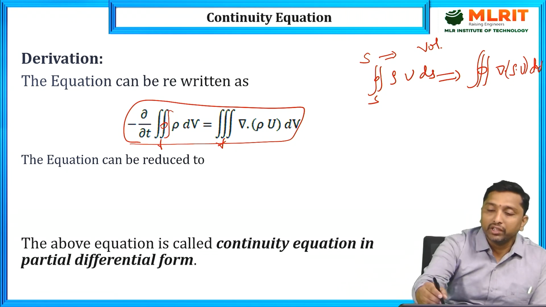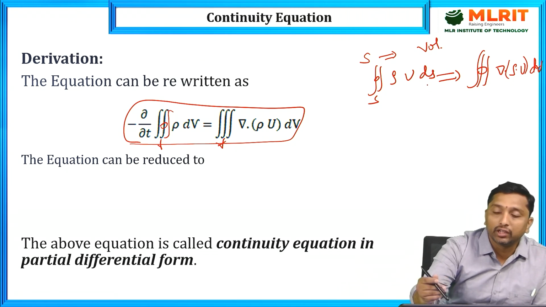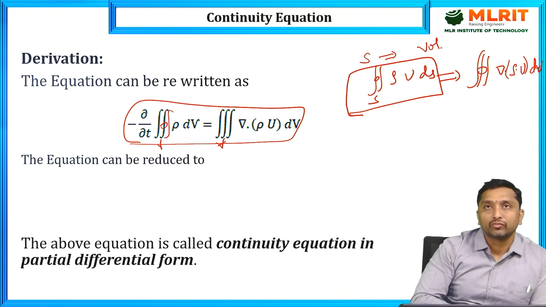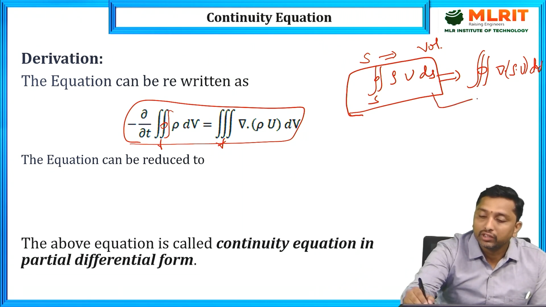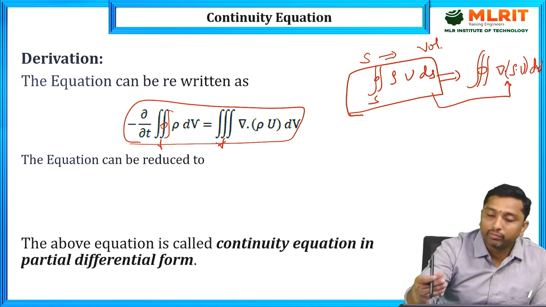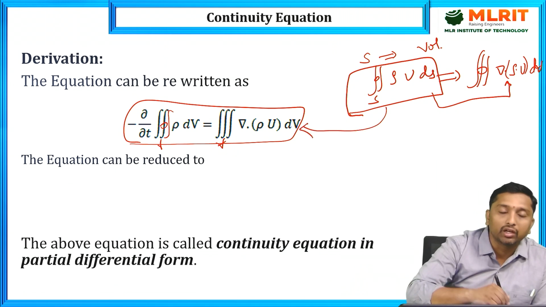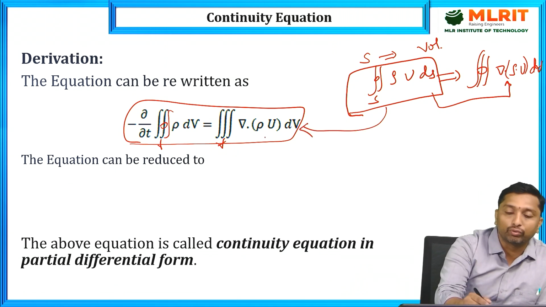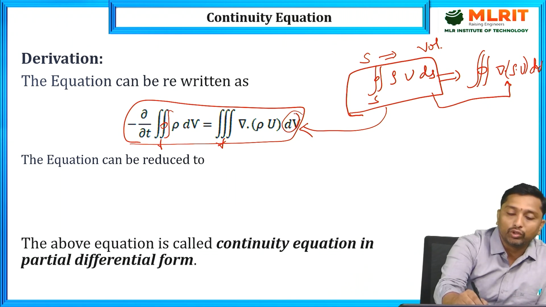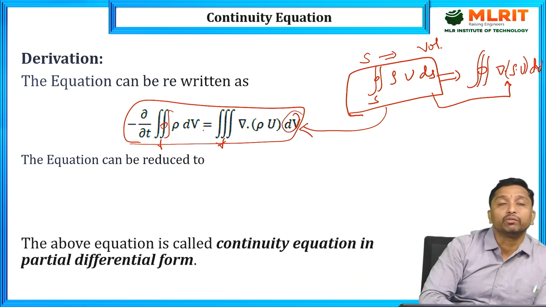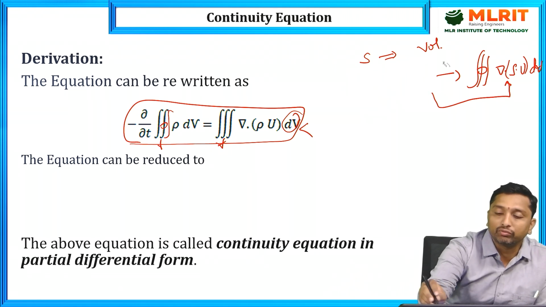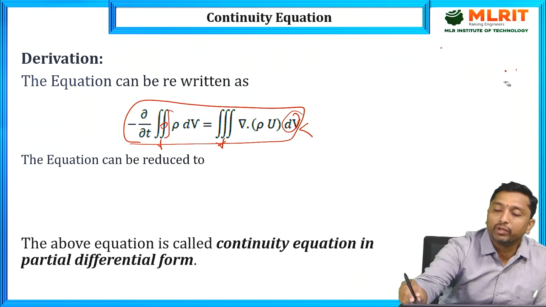So we are applying the divergence theorem to rewrite the RHS of the previous equation, converting the surface integral into a volumetric integral, where V is the volume. You can see that all the elements of the equation are now volumetric integrals.